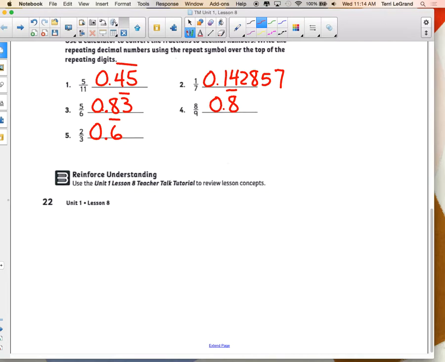Anybody want to challenge me in any of them? Okay. So again, as you can see, these calculators, there's going to be times we're not going to use them, but there's going to be lots of times you need to have them.